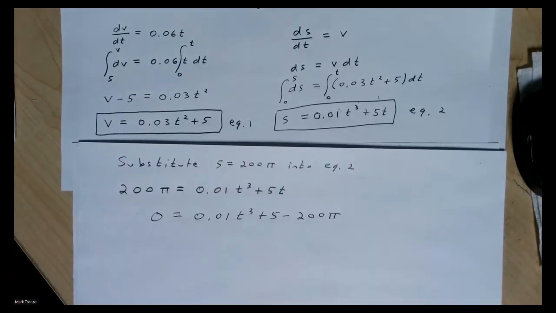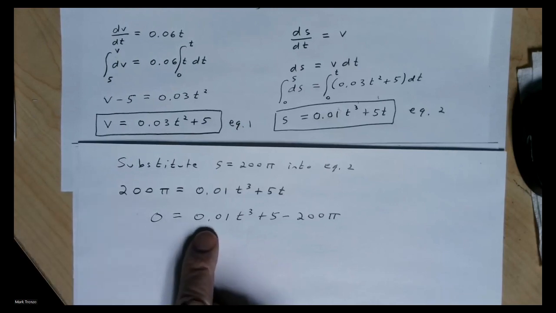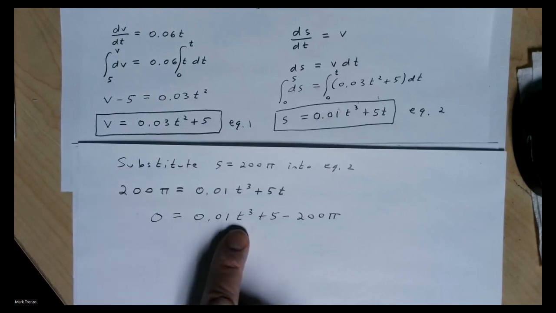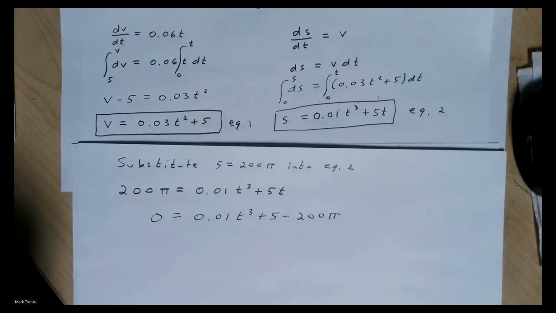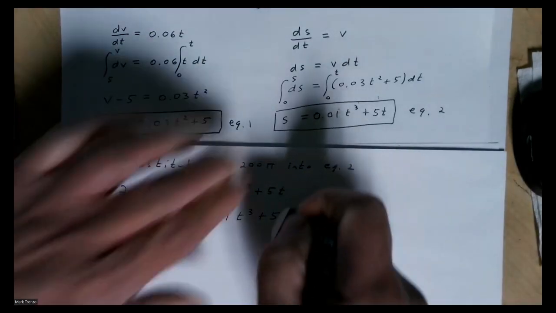So what I'm going to do here, I'm going to put 0.01, and now my calculator uses x's, so I'll put x cubed plus 5. Oh, I left off a t here, excuse me.